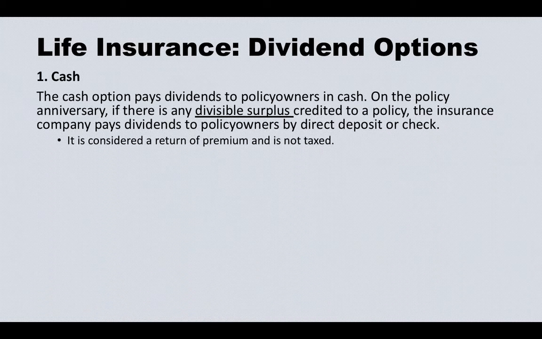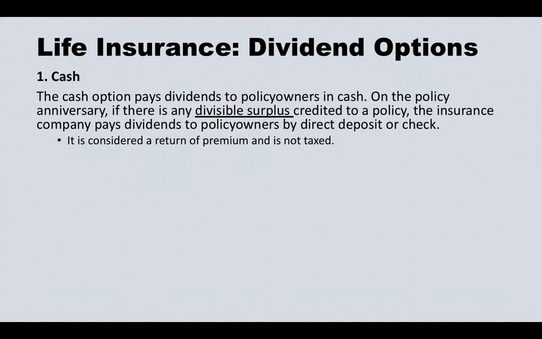Okay, let's look at the cash option. Basically, the cash option pays the dividend to the policy owners in cash on the policy anniversary. If there's any divisible surplus credited to the policy, the insurance company pays the dividend to the policy owners by direct deposit or check.